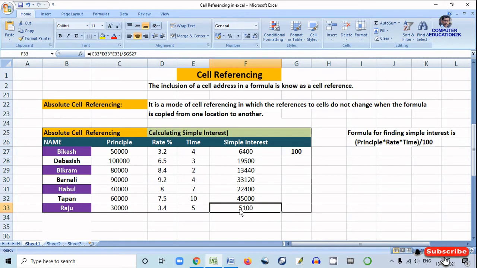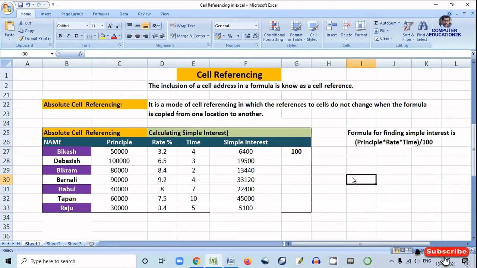Because we know in absolute cell referencing the cell does not change when the formula is copied from one location to another. So here the cell G27 has not changed for all these cells. So this is the example of absolute cell referencing, where the cell does not change when the formula is copied from one location to another.